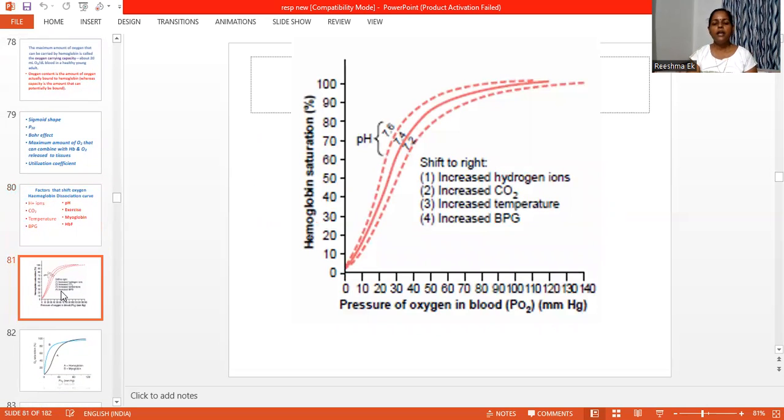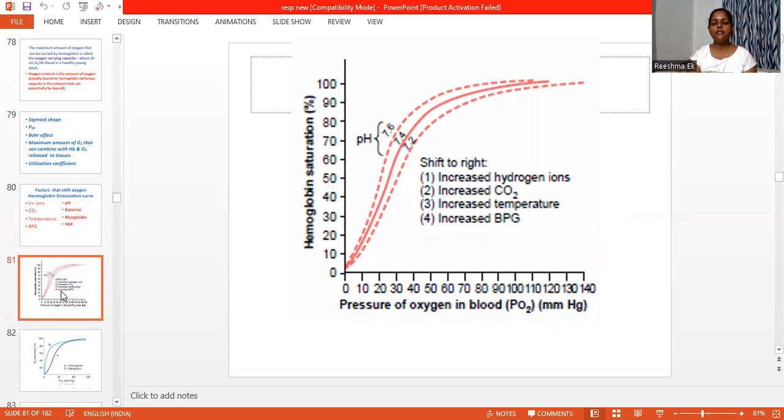So increase or decrease of the above mentioned factors shifts the curve to the right, and some factors shift the curve to the left. When some factors increase, the oxygen hemoglobin dissociation curve shifts to the right. When some factors decrease, the curve shifts to the left.